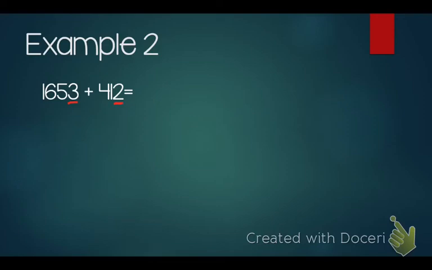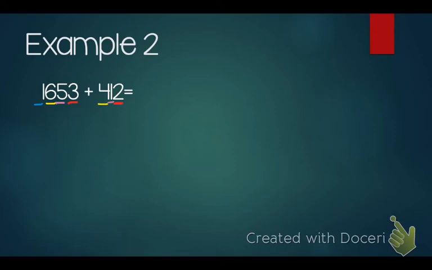We have the number 5 in the tens place and the number 1 in the tens place. We have the number 6 in the hundreds place and the number 4 in the hundreds place. And then finally we have the number 1, which is in the thousands place, and we have nothing in the thousands place in the other number.